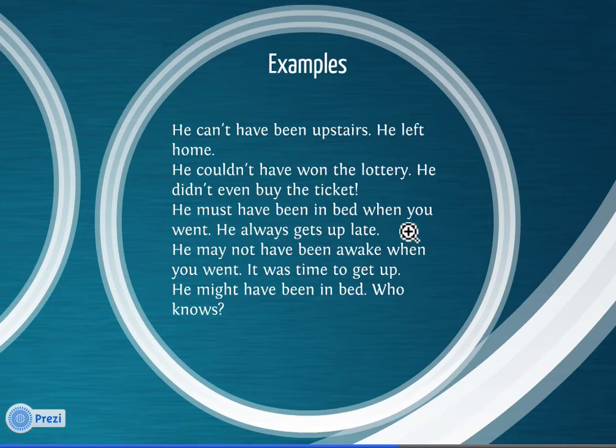Then not so sure: he may not have been awake when you went. It was time to get up, so 50-50, right? I'm not so sure. And finally, he might have been in bed. Who knows? Just be careful because I am emphasizing have, but in real conversation, you don't really hear that have much.